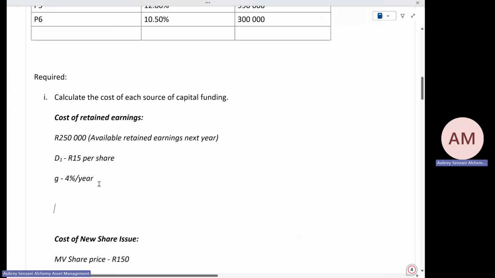Two formulas, isn't it? Dividend growth model and your CAPM. Here today, we don't have the risk-free rate, so we only have the dividend growth model to make use of.